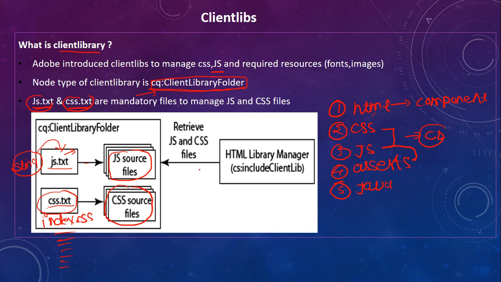And after that, here this is nothing but the config manager. They have provided one configuration. If you want to provide some extra functionality to your JavaScript or your CSS file, then you can use this one.